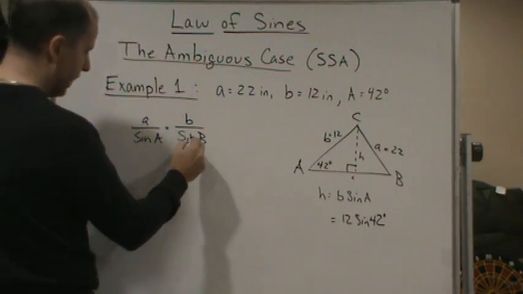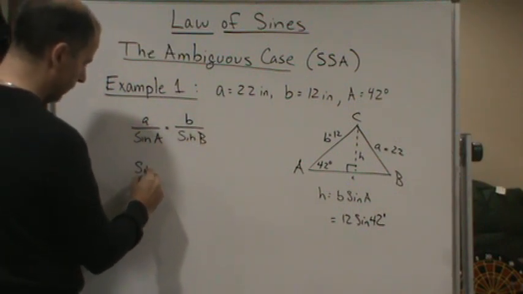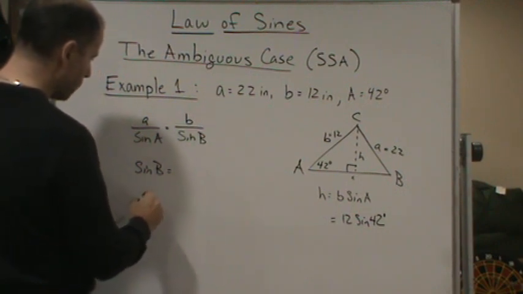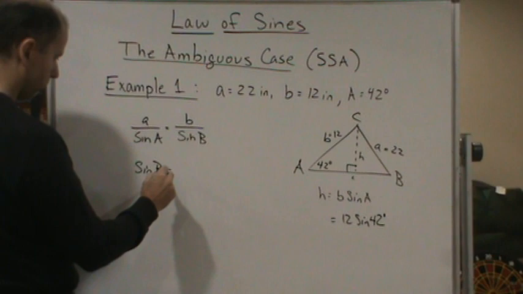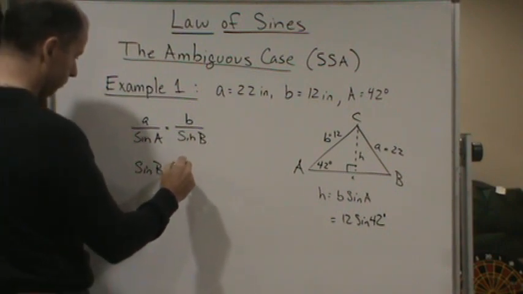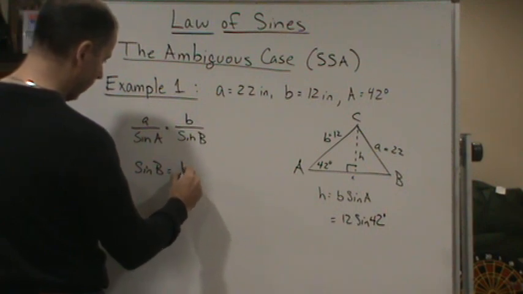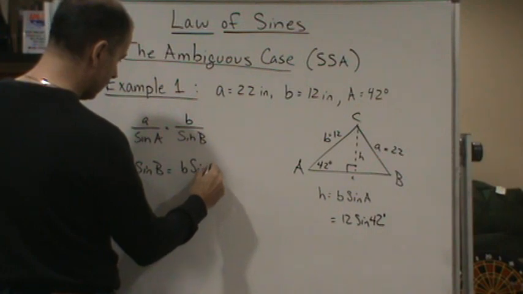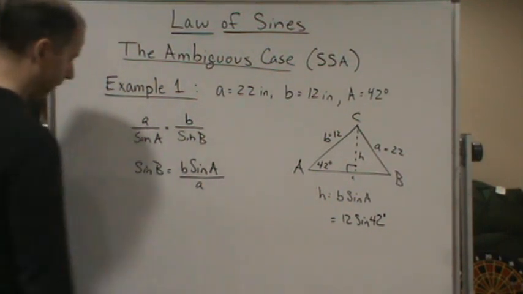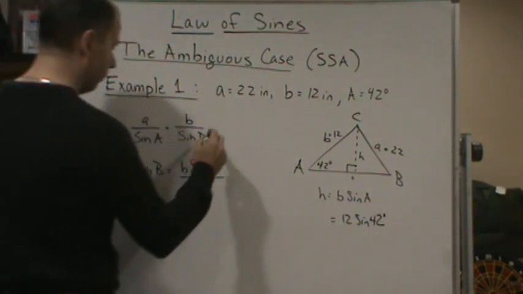So now we have to figure out the sine of B, right? So sine B is equal to b sine A over a. Right?